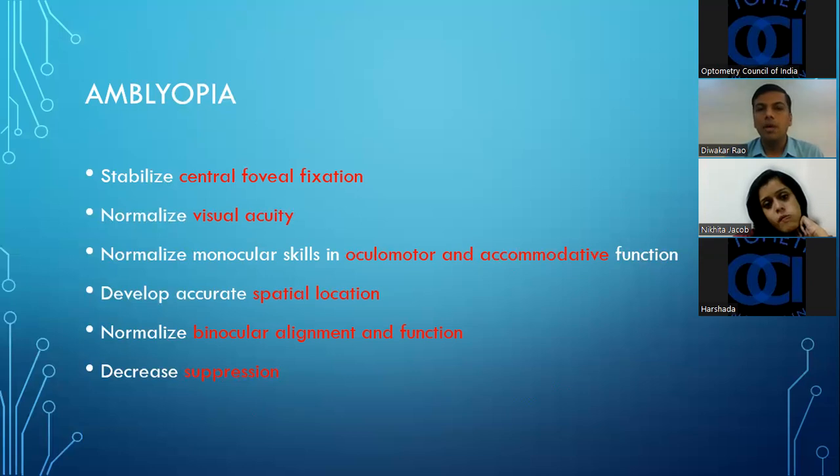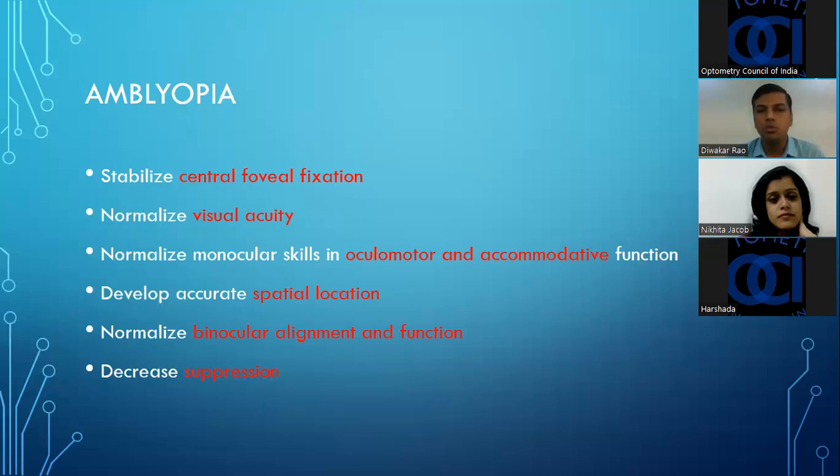Then develop accurate spatial localization. Then binocular alignment and functions have to be worked on. And then decrease the suppression if the patient has suppression. Most of us will just improve the visual acuity and stop there. If you don't integrate the oculomotor, accommodation, and binocular function together, there are chances that visual acuity will regress.